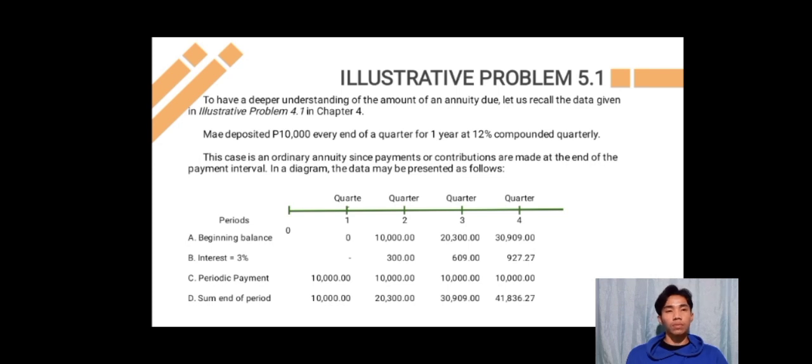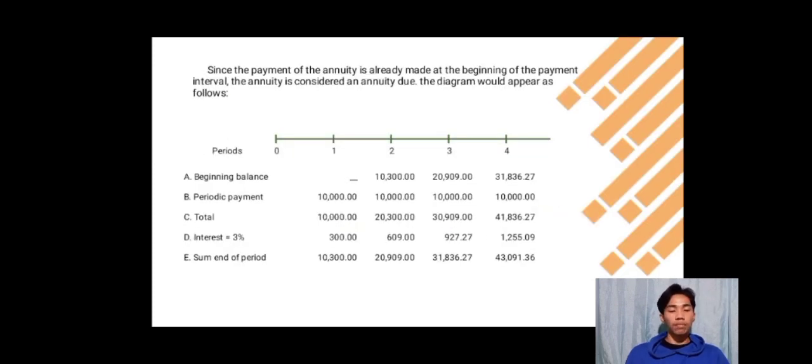41,836.27. So now, instead of having 10,000 deposited every end of quarter, let us assume that the amount was deposited every beginning of the quarter for 1 year at 12% compounded quarterly.